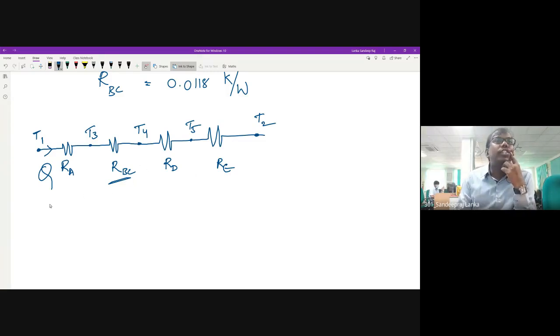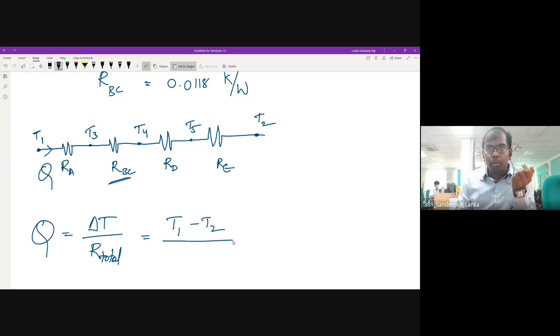He's asking you to find this Q. You know that Q is equal to the temperature difference by the sum of the resistances. Q is equal to delta T by R total. By definition, this is what Q is. So delta T is T1 minus T2, by the resistances in between. If I'm taking this minus this, I have to take the sum of all these resistances, so it is RA plus RBC plus RD plus RE.